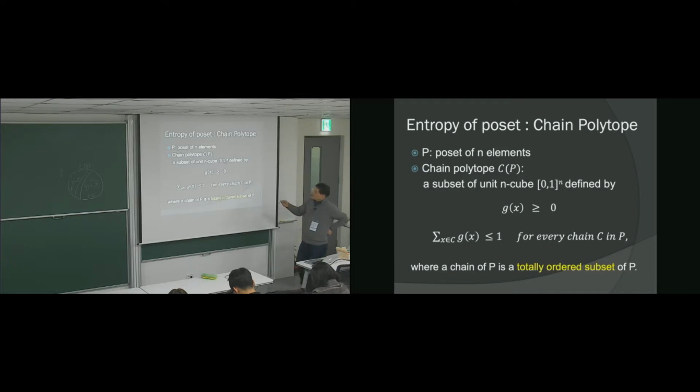The chain polytope of a poset is a subset of the unit cube defined by this relation. For every chain, meaning a linear order inside our partially ordered set, it should satisfy this relation.